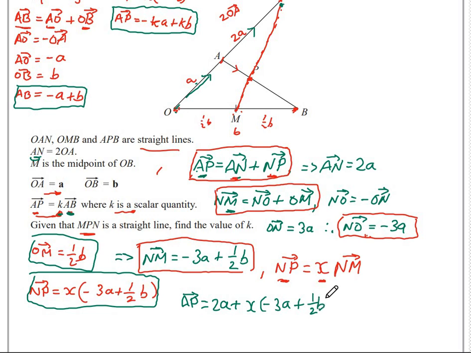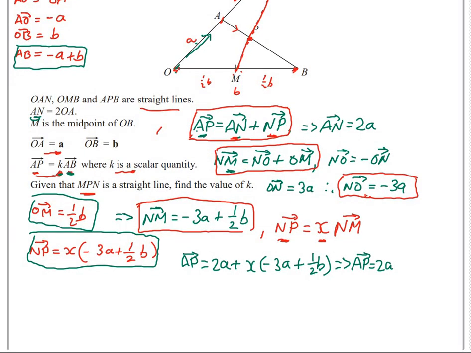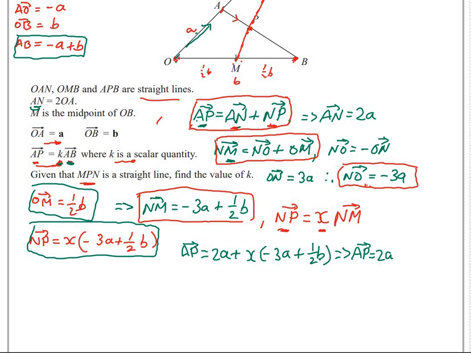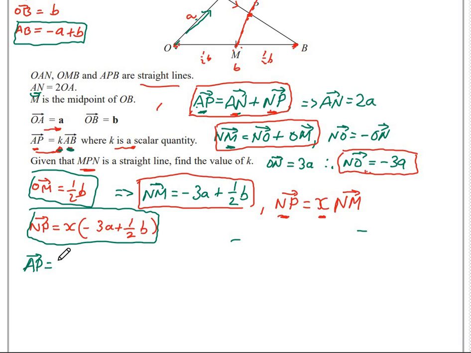And we can expand that out to get AP equals 2a. Hope we've got enough space here. I might have to write this down at the bottom. So we have AP equals AN, which is 2a, plus MP.